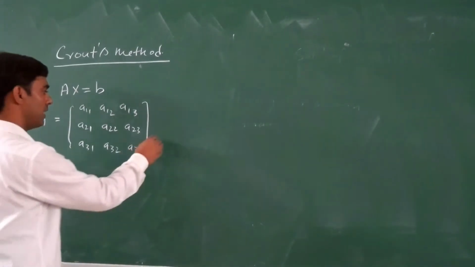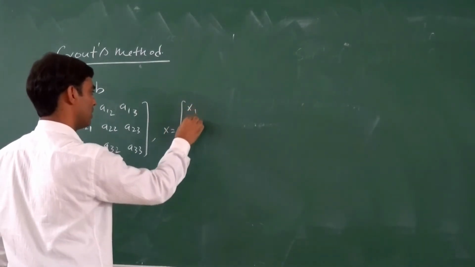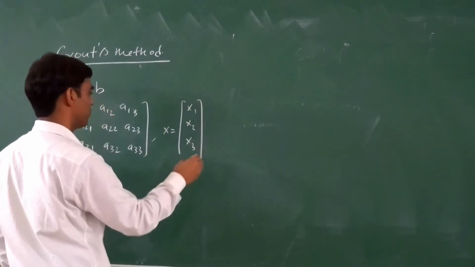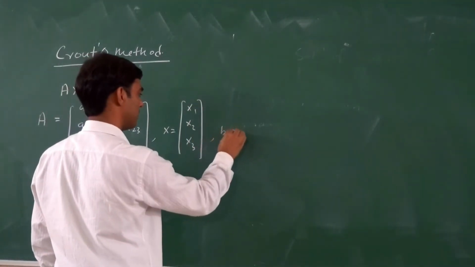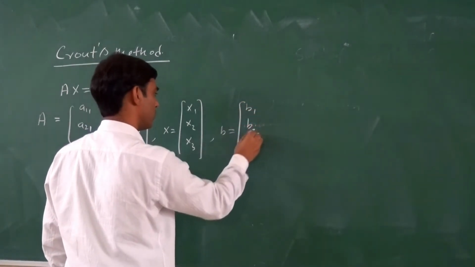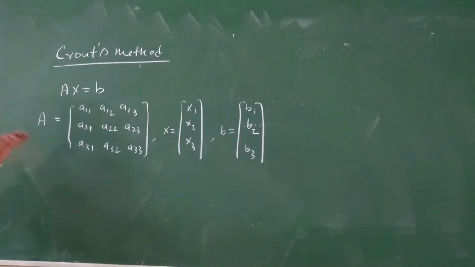And what is the value for x? Obviously x equal x1, x2, x3. And b equal b1, b2 and b3, because here we consider there are 3 equations and 3 unknowns.